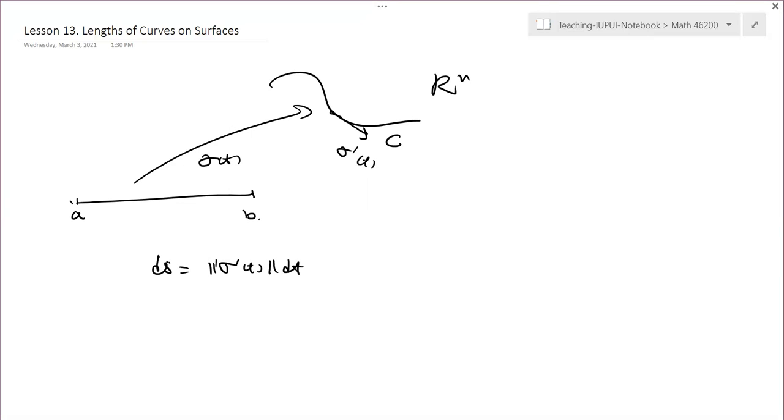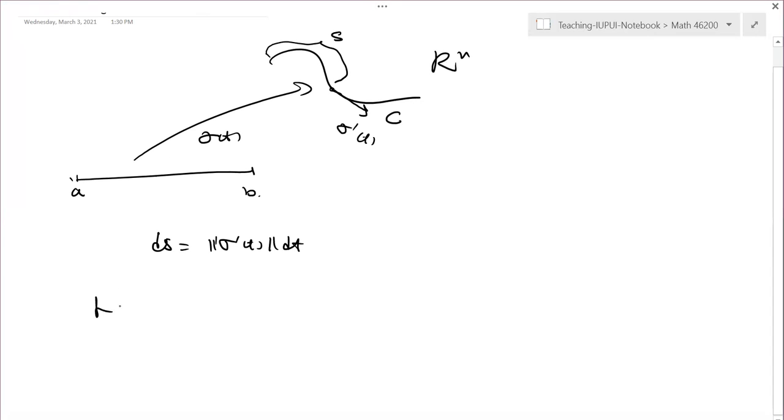It's really independent of the choice of particular parameterization. So this is called the differential of the arc length. Here s is arc length, so the differential of the arc length is going to be the length of the tangent vector times dt. This is called the differential arc length.